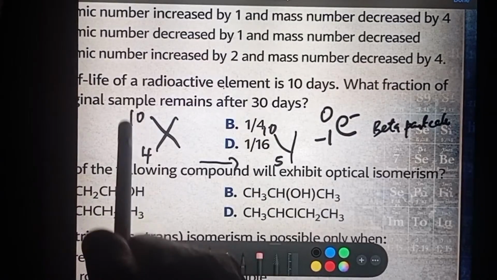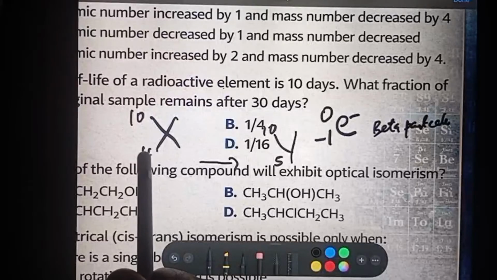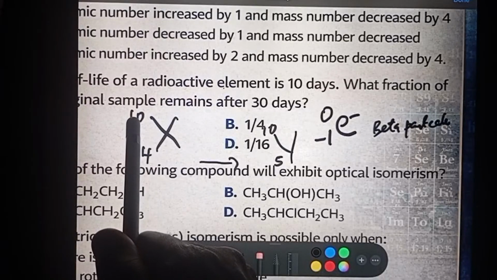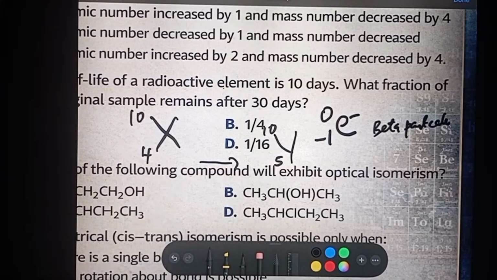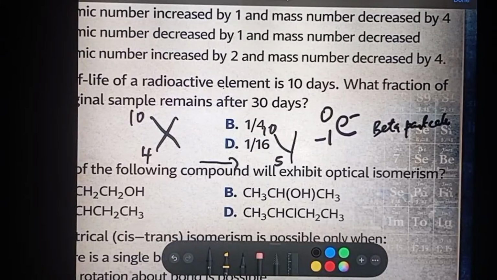Remember this element has 6 neutrons and 4 protons. 4 plus 6 gives you 10. One neutron here was converted to a proton, and hence when a radioactive isotope undergoes beta decay, its atomic number increases by 1 and nothing happens to its mass number. The mass number remains the same.